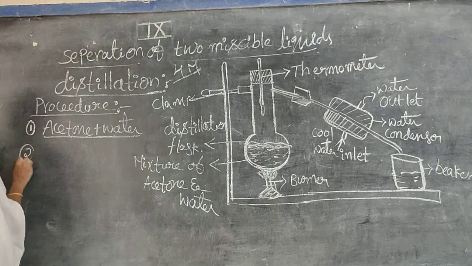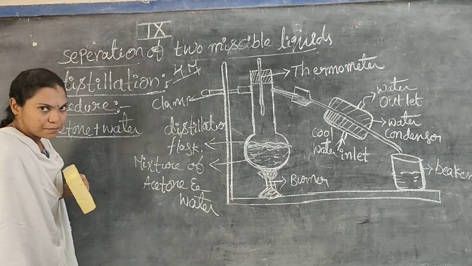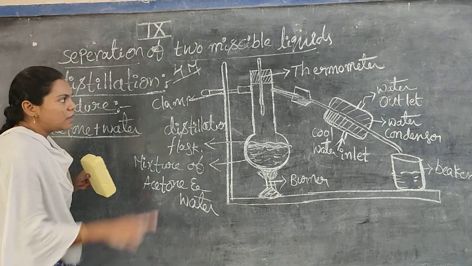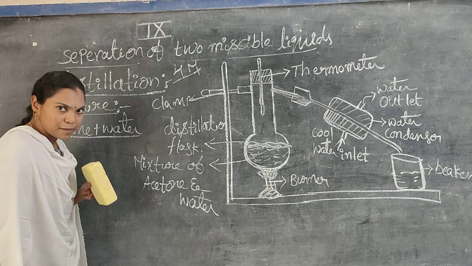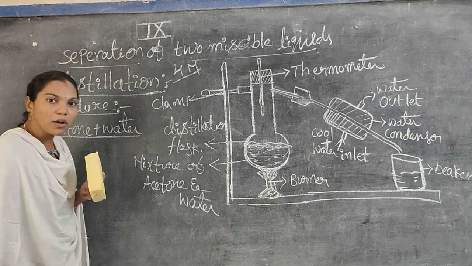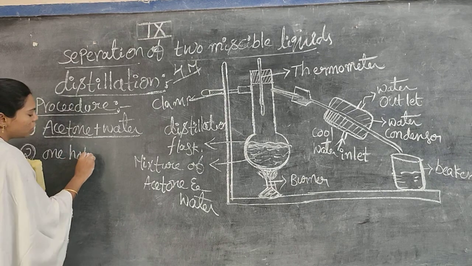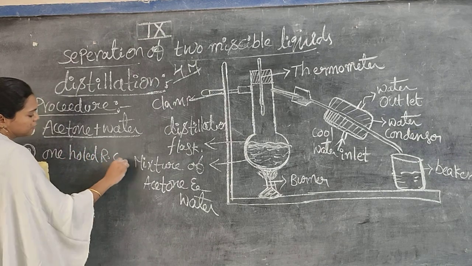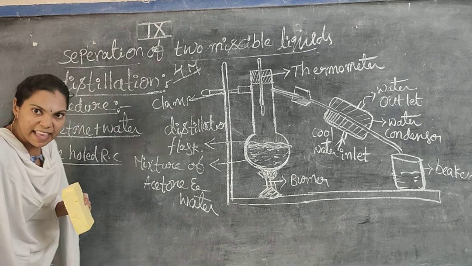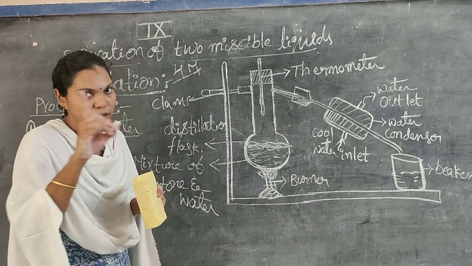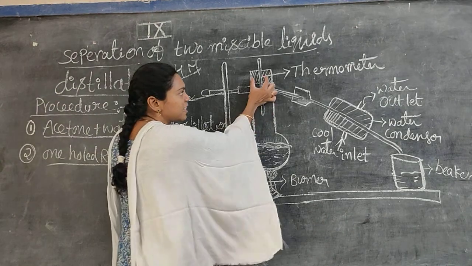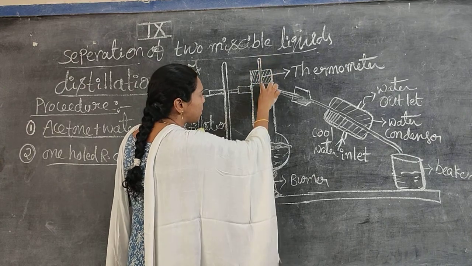Second point. The distillation flask is fitted with a one-holed rubber cork.